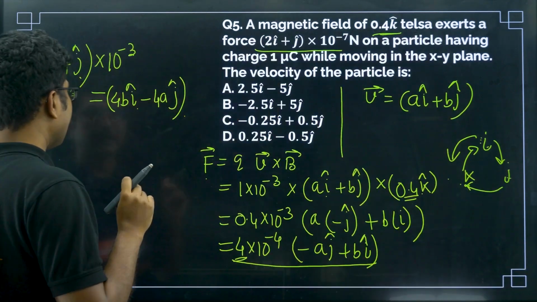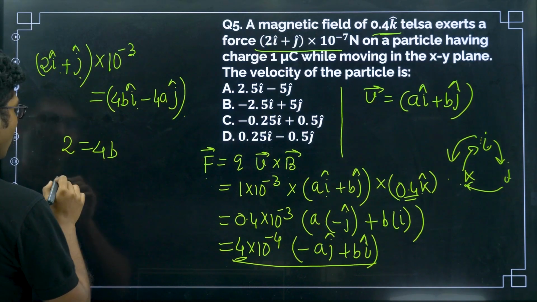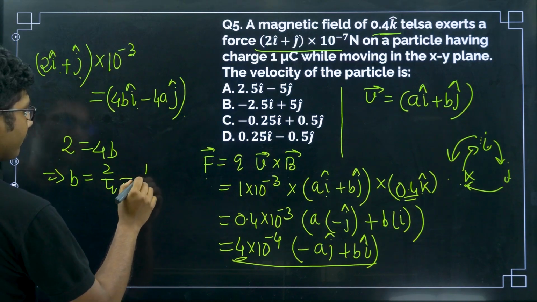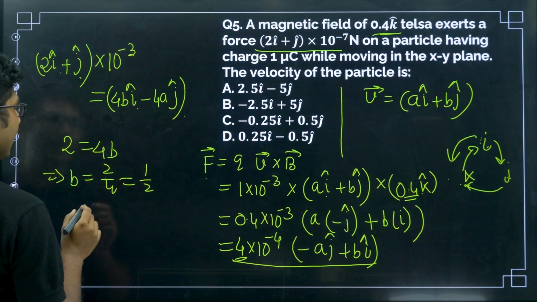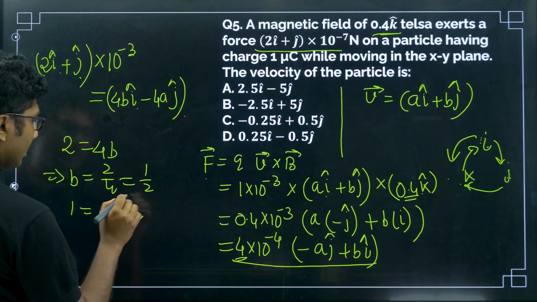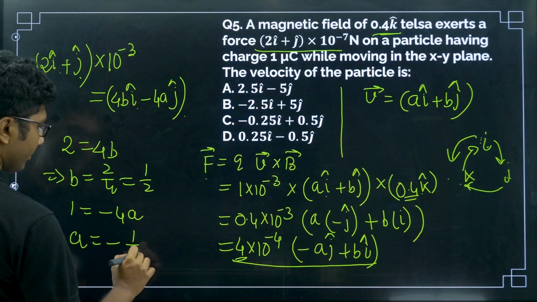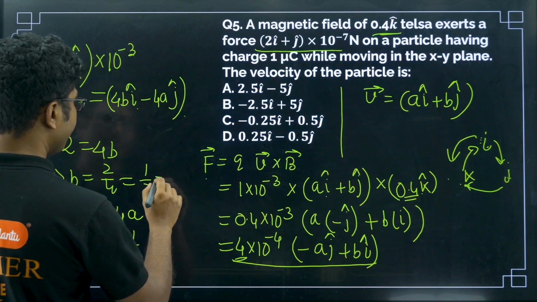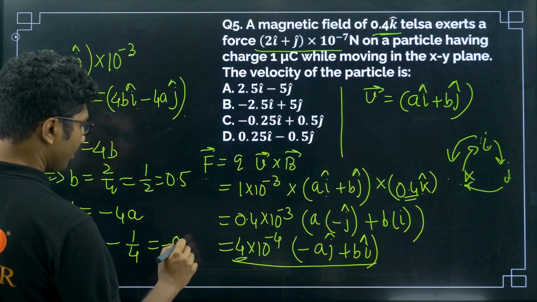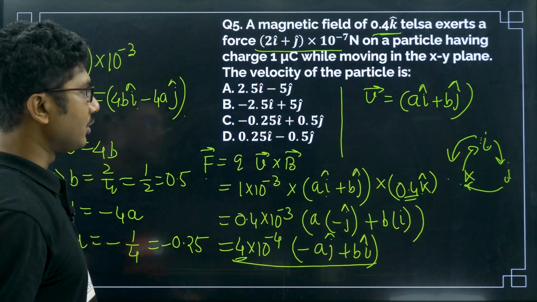This is the trick. So 2 is equal to 4b, or b is equal to 2 by 4, which is half. Similarly, 1 is equal to minus 4a, so a is equal to minus 1 by 4. Okay, in terms of decimal, b will be 0.5 and a will be minus 0.25, right? 1 by 4 means 0.25.